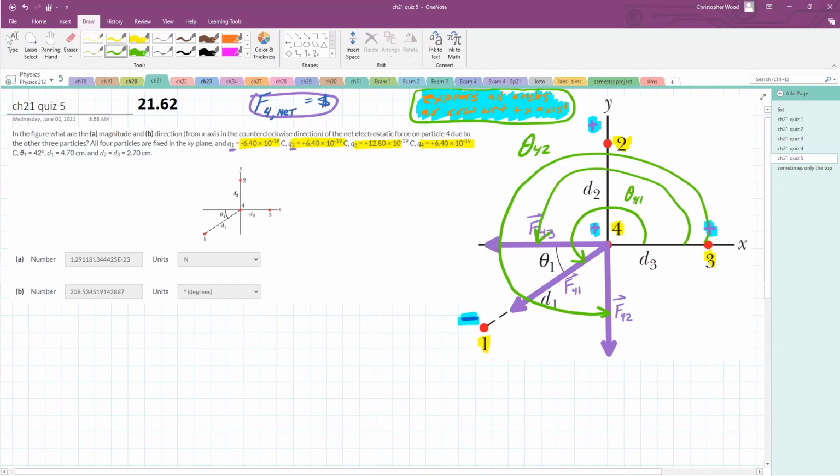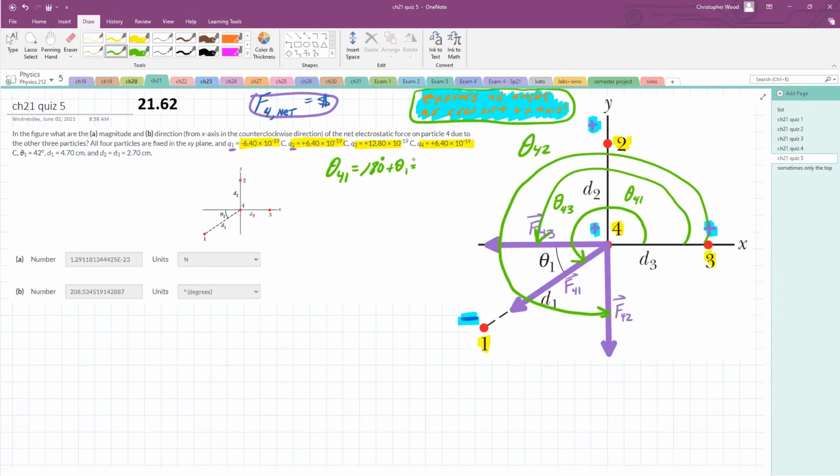Okay, this is theta 43. It's the angle made by that force vector 43. So let's just have a little sidebar here. Theta 41, for me, is going to be 180 degrees plus theta 1.